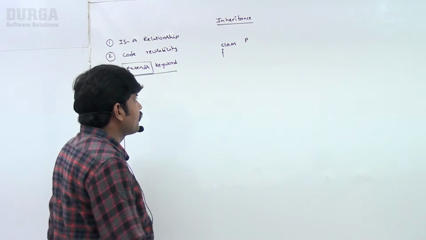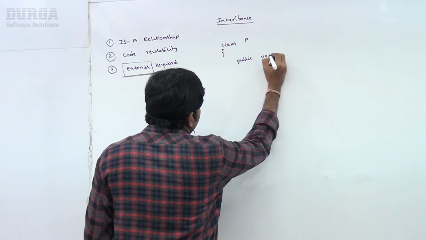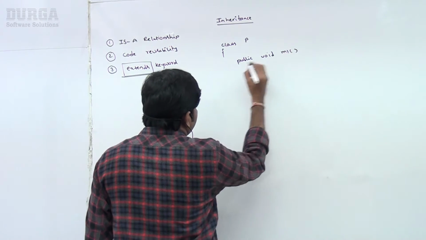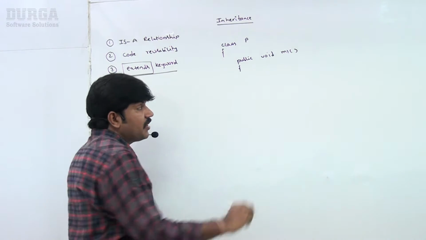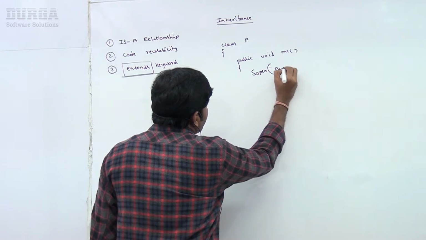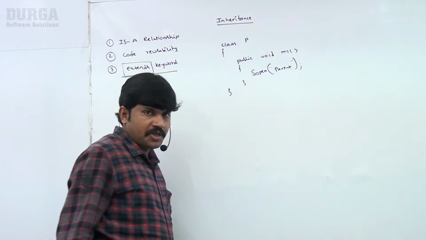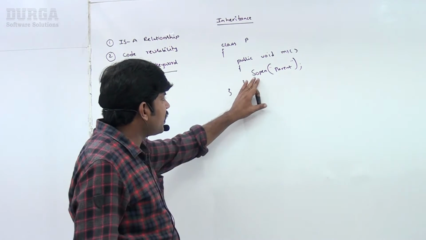Assume class P contains one method, public void m1, System.out.println, parent, like this I am taking. Class P, public void m1, SOP of parent.